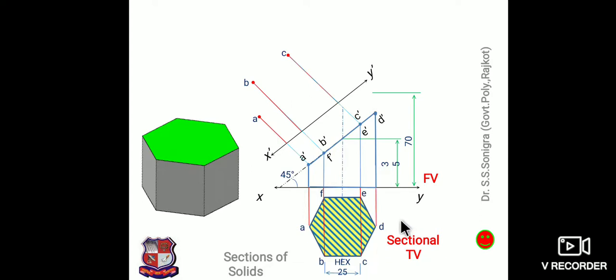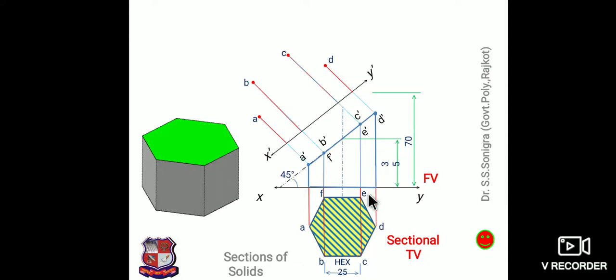Similarly, locate point D. What should we do? Measure the distance of point D from the xy line, and from point D dash, draw a line perpendicular to the x dash y dash line, mark this point as the center and cut an arc. Here is point D. So the distance from D to the x dash y dash line and from D to the xy line are the same.